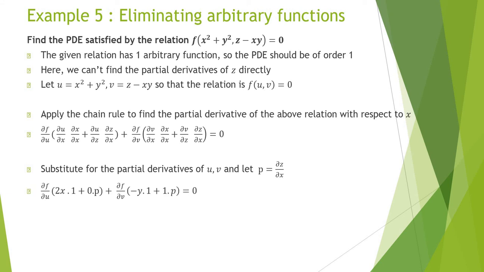Then we have ∂f/∂u times (2x times 1 plus 0 times p) plus ∂f/∂v times (minus y times 1 plus 1 times p) equal to 0. Simplify: ∂f/∂u times 2x plus ∂f/∂v times (minus y plus p) equal to 0.